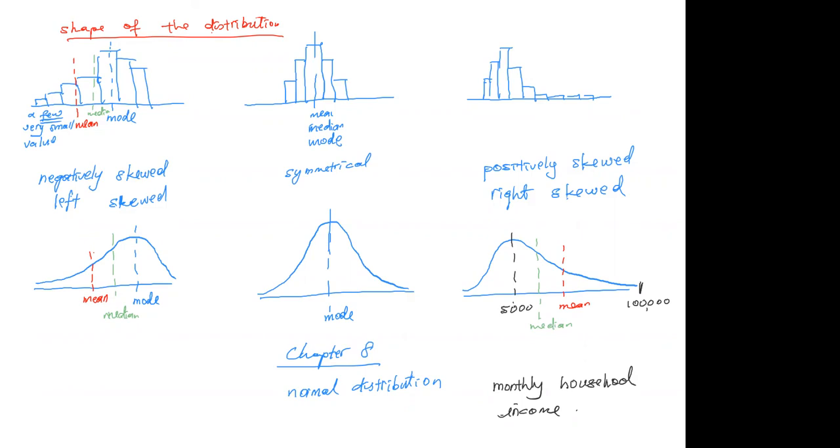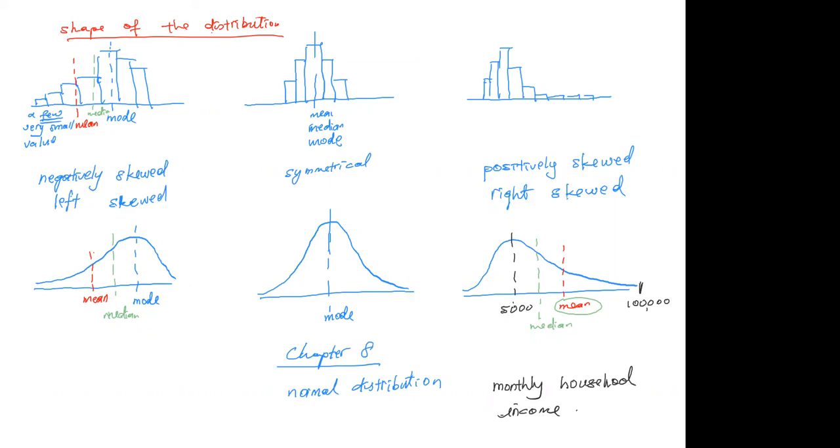You have very few, very big number. So if I tell you the mean household income of Malaysians is 10,000, does it give you a good picture? It doesn't. You look at the median and see, you look at the mode and see. So that's why we must have all these three central measures. Then it gives us a very good picture of the raw data that is given to us.